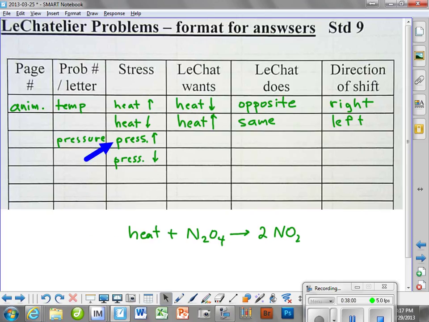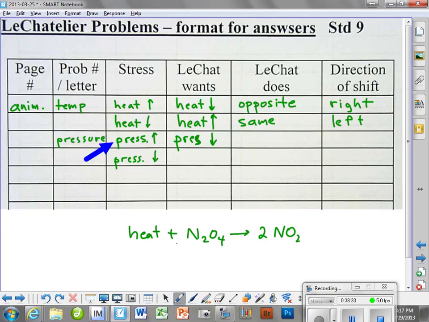All right, pressure. Pressure up, pressure down. In this particular equation, anytime we're dealing with gases, we could deal with heat or pressure. So pressure up, LeChat wants to put it down. Now we have to go with the mole idea. To take the pressure down, we've got to go to the side with fewer moles.